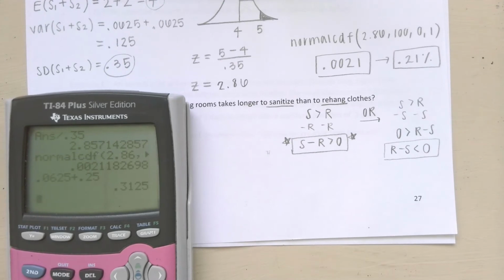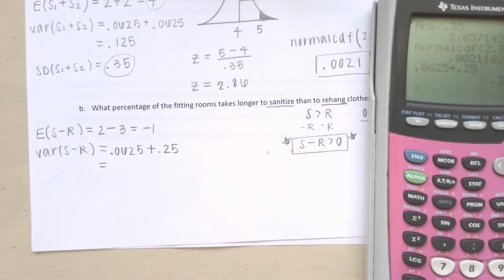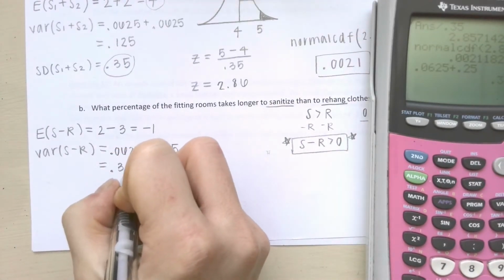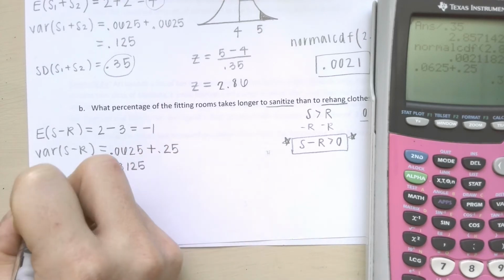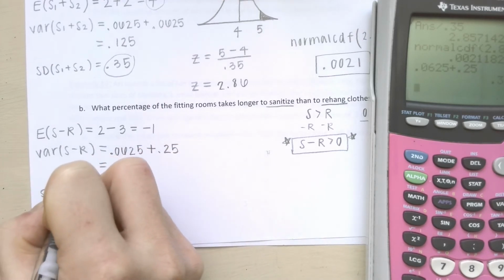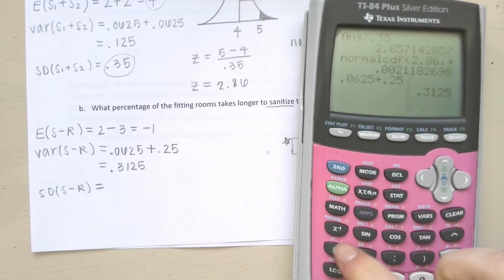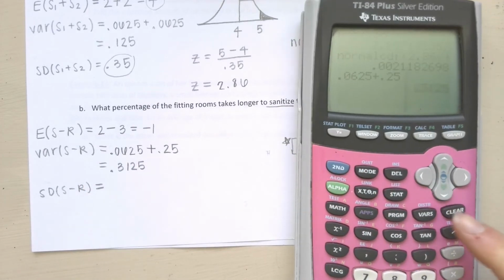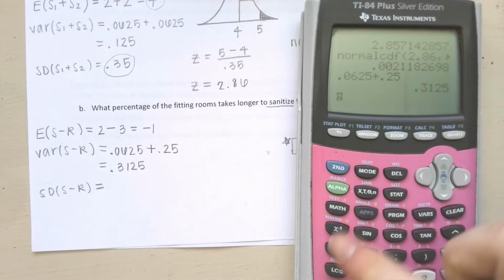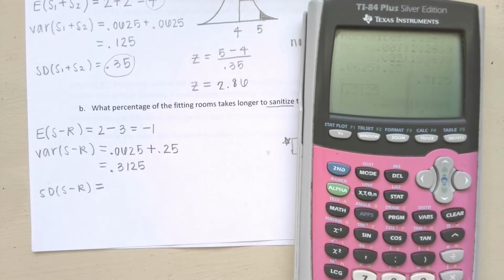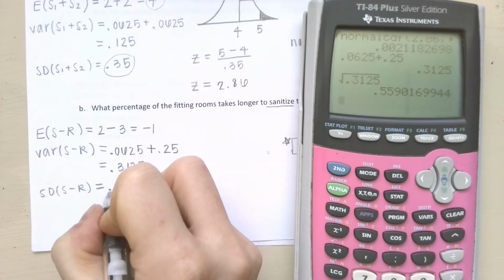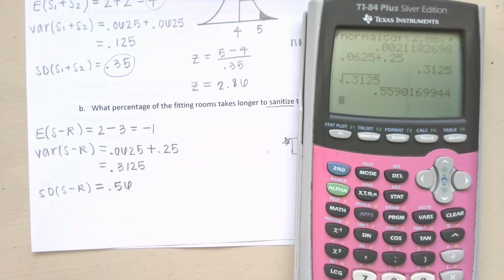So I got 0.3125. I do want to then square root that to get my standard deviation. So rounding, I'm going to do 0.56.